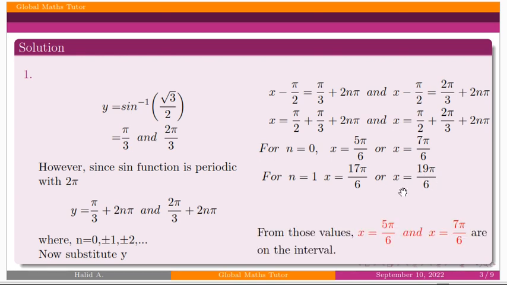Thus, from the sets of values, we will select the values which are in our domain. Remember, our domain is from 0 to 2 pi. So the solutions in our domain are 5 pi over 6 and 7 pi over 6.